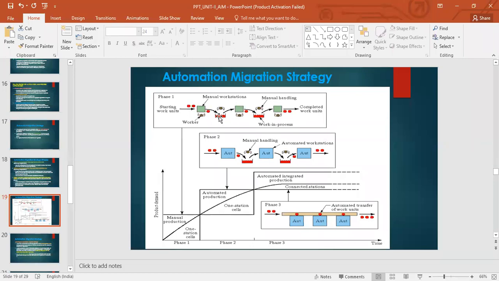So there is manual work handling. Two points to note: manual workstations and manual handling. Also there are workers who are doing the processes or assembly, etc. That's how the completed work units are produced. That's what we mean by manual production, right? Is that clear? Phase one.